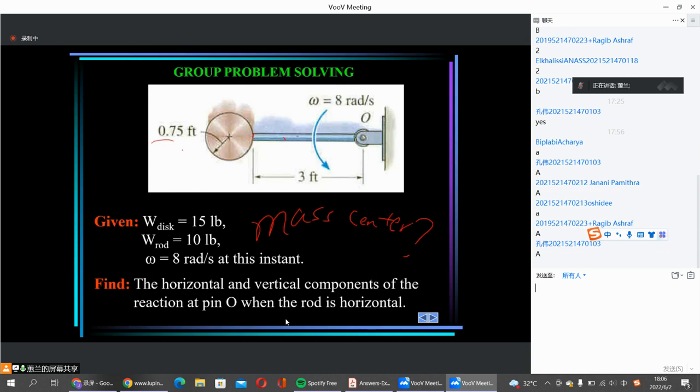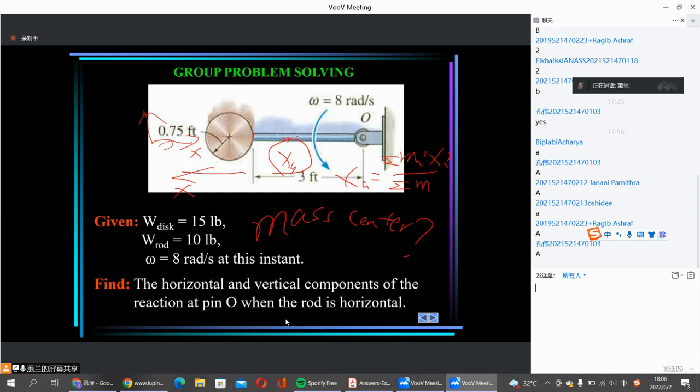If you define the x-y axis, or we can choose the left as the positive axis, you only need to find x_G, right? How to find x_G? x_G will equal sigma m_i x_i divided by M, where M is the total mass of the rod plus disk, right? So you need to find the mass center of this seesaw, and then you can find the acceleration of the mass center.